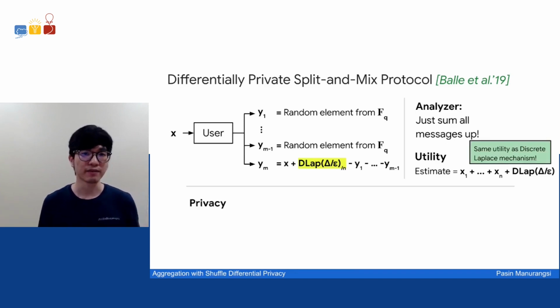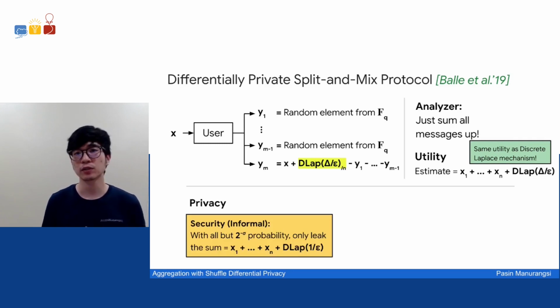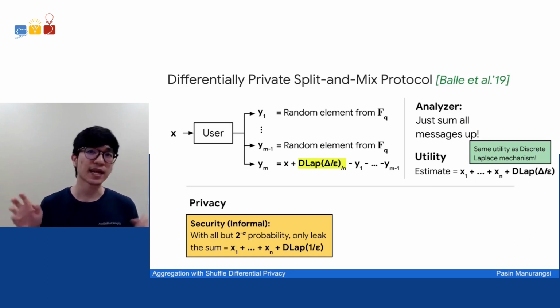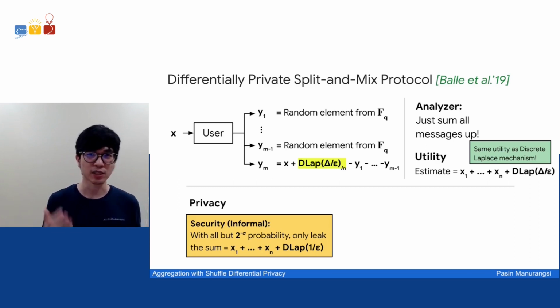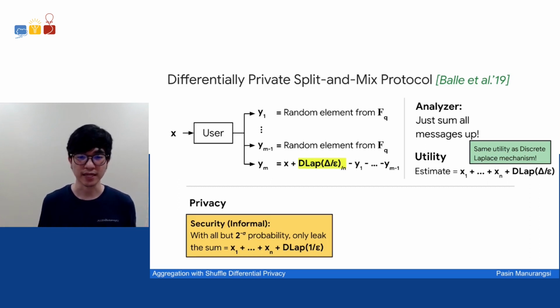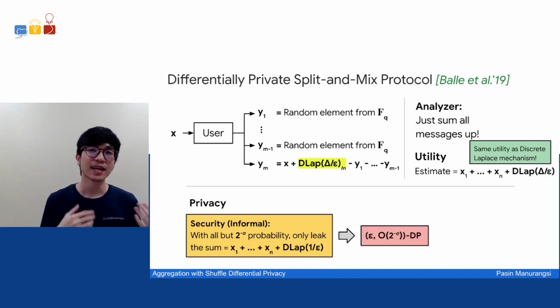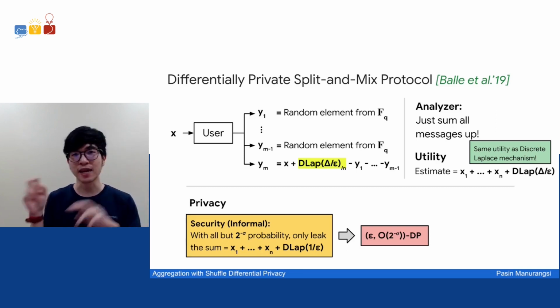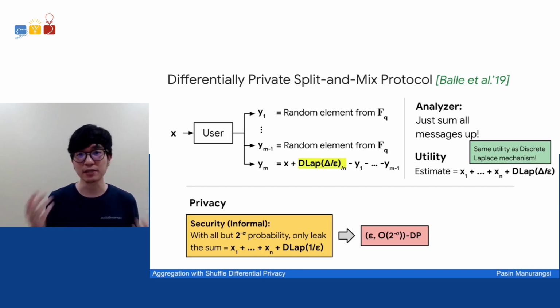And in terms of privacy, it's possible to show that security implies privacy. The intuition is that security is, once again, sort of a probability that you are leaking the input. Again, this is not very accurate, but it's a rough idea. If you have a certain probability of leaking the input, but the rest of the time you are completely secure, this failure probability also translates to the failure probability delta in your differential privacy as well.